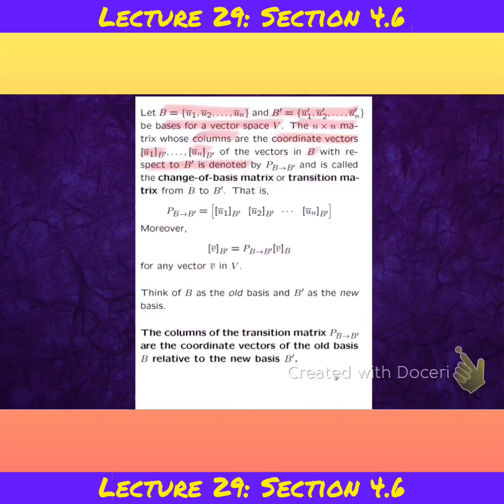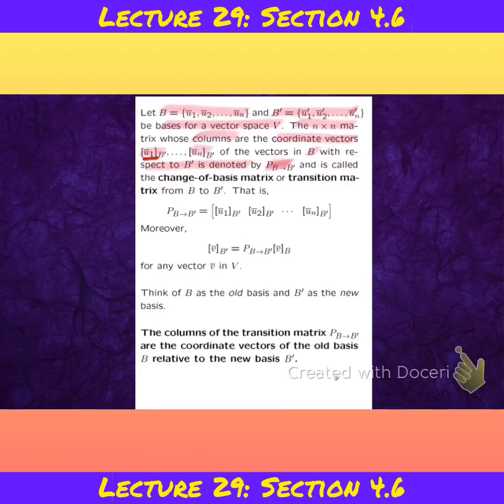So what you do is you take u1, you write it as a linear combination of all the vectors in B prime, and you read off those coefficients, and you form the first coordinate vector, and you do that for all your vectors in B. Now the matrix formed in that way is called P subscript B to B prime. That's the transition, or the change of basis, matrix.